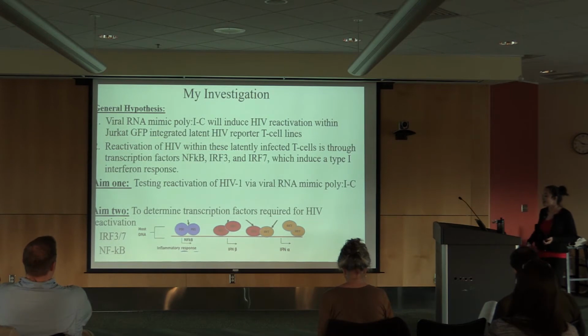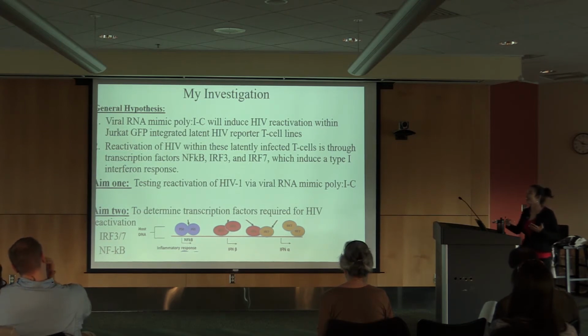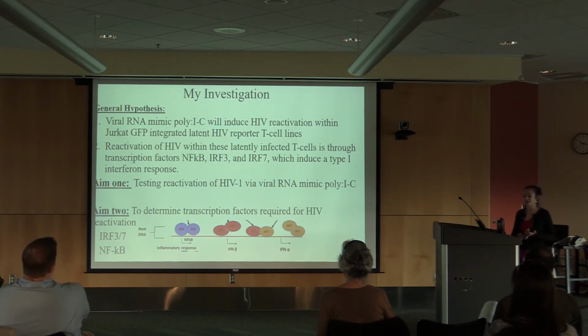Okay, my general hypothesis is that viral RNA poly-IC will induce HIV reactivation within these JLat GFP integrated HIV reporter T cell lines. It's a mouthful. And then reactivation of HIV within these latently infected T cells is through the transcription factors NFkB, IRF3, and IRF7, which do induce a type 1 interferon response.